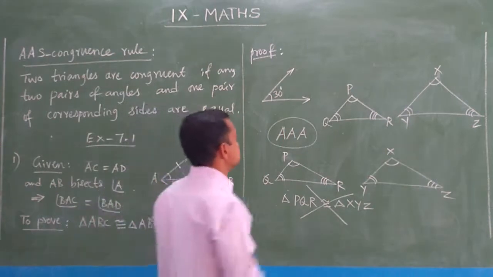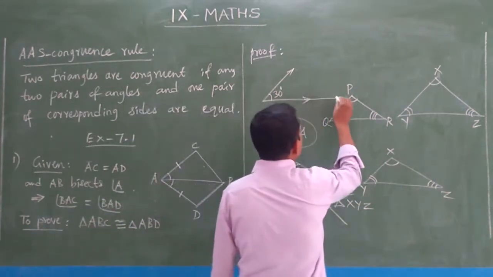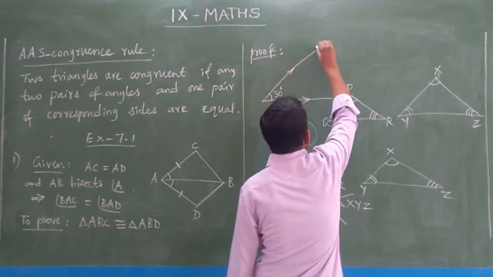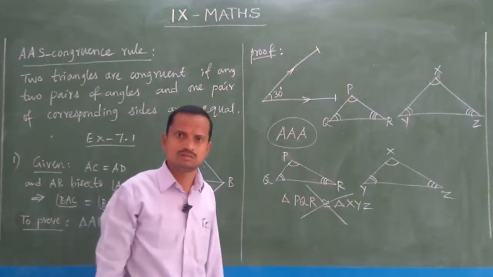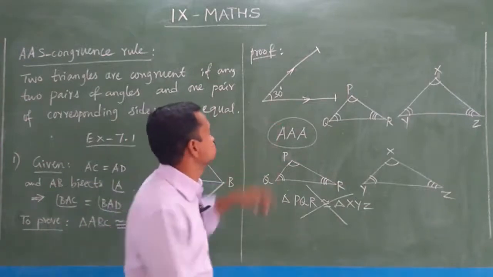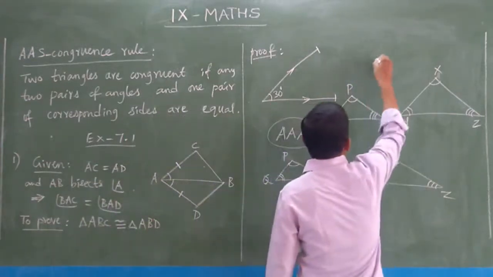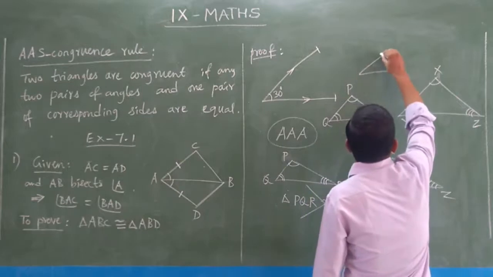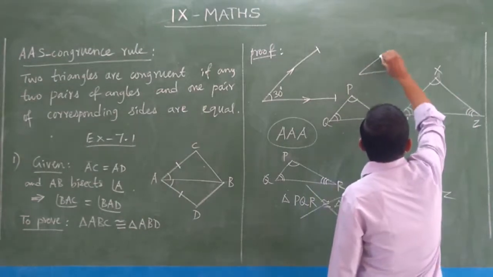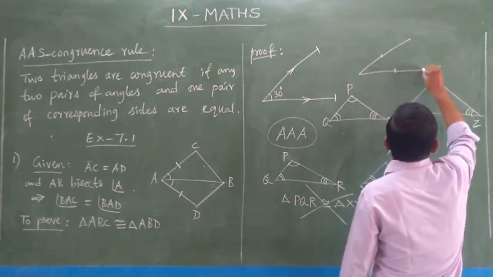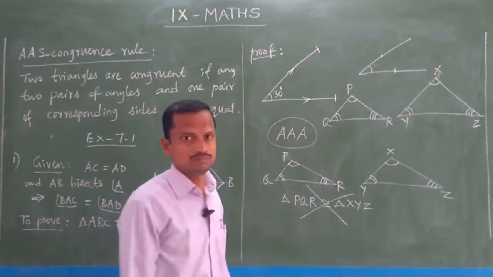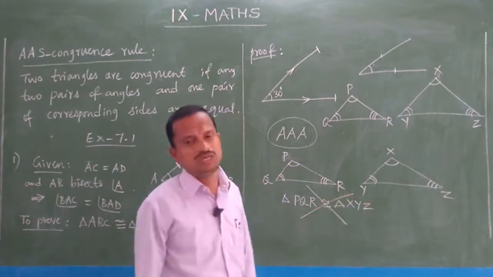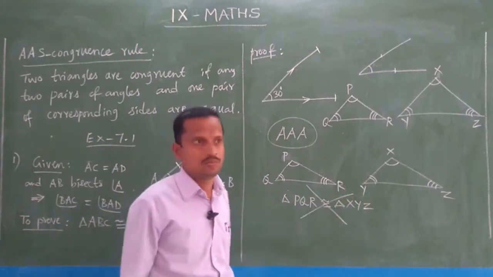Still, if I extend this up to here, and this also I extend up to here, is the angle changed? Can you tell me? If I extend this ray, up to this I stop, but still I am extending, will the angle change? There is no change in angle. Okay. Angle may not change if we extend the ray.